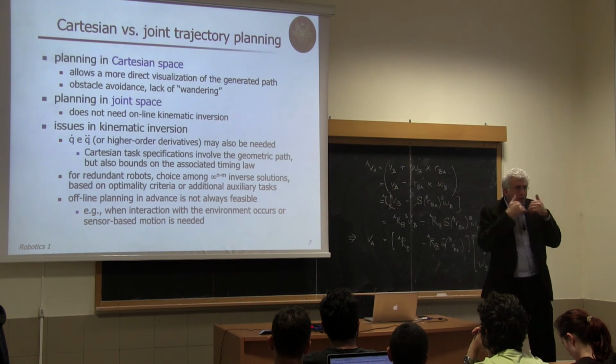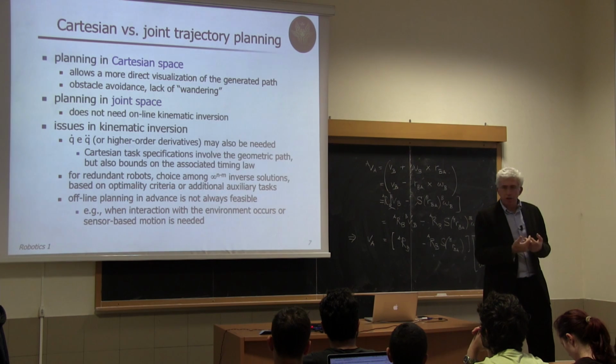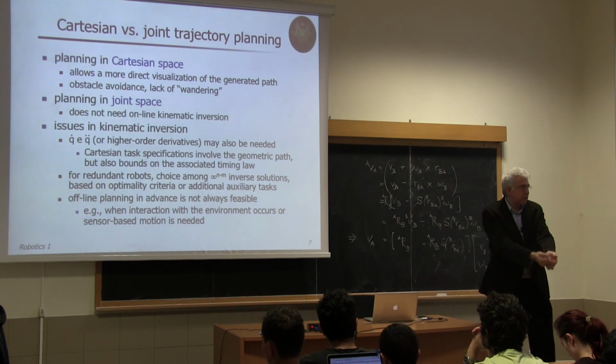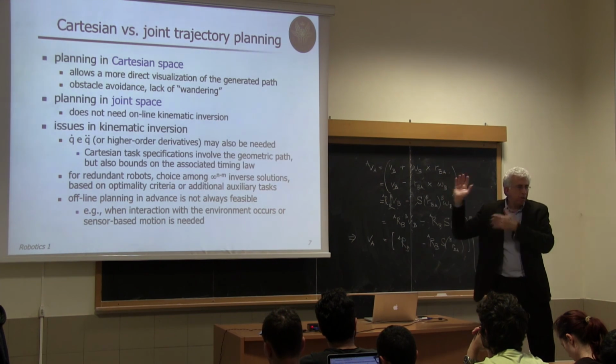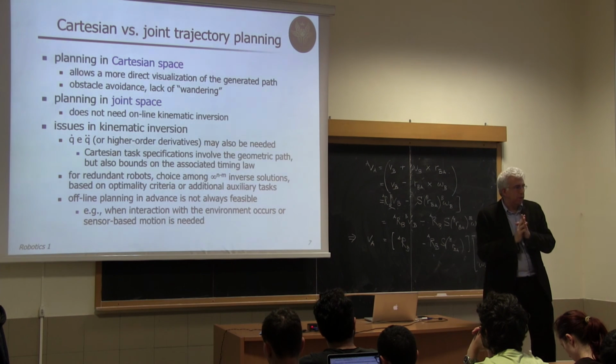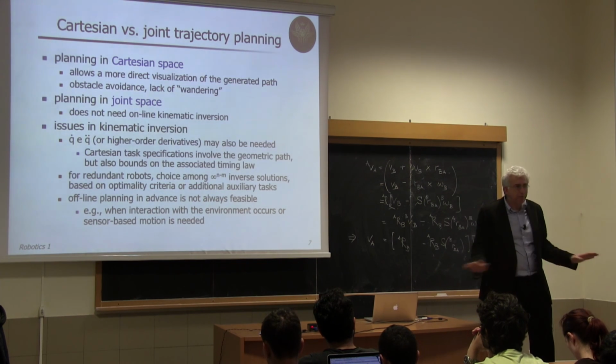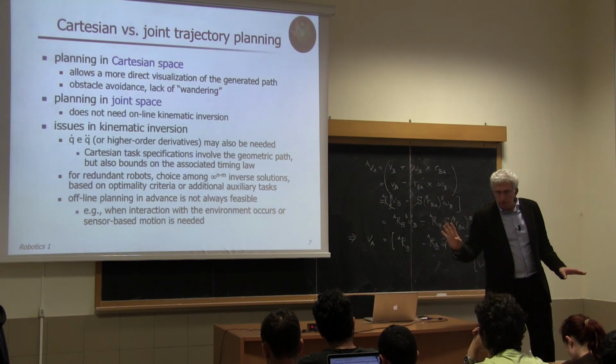Why? Because crossing the singularity is critical only if I'm inverting the Jacobian. So I'm taking something in the Cartesian space and inverting in real time in the joint space. If I've done this offline, and I've already taken care of possible crossing of singularity with nice numerical techniques offline, online, nothing happens. Once I live in the joint space, I can do whatever I wish. Kinematic singularities are out of discussion.